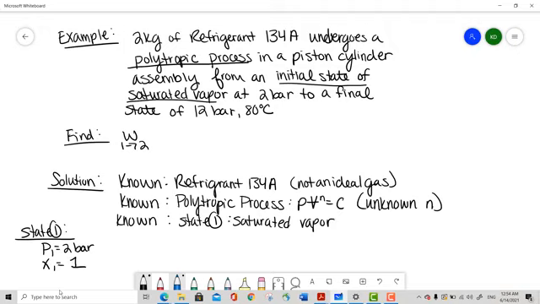Because it's saturated vapor. All right, and state 2. What do we know? We have a pressure of 12 bar, and we know that we have a temperature of 80 degrees Celsius. So this is what we know about both of those. And we know that we can use this formula. Know that this one would work.